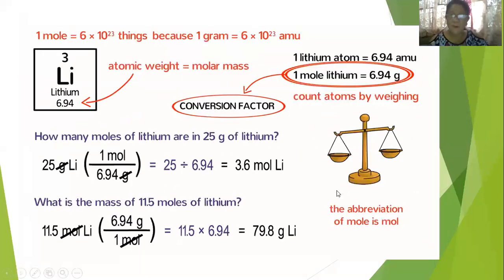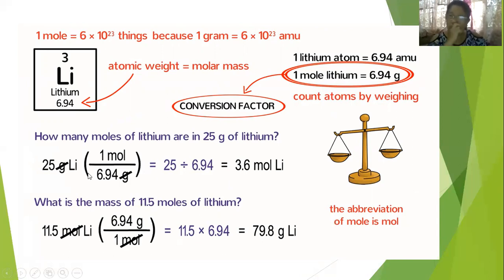Okay, therefore, we have here, for instance, how many moles of lithium are in 25 grams of lithium? As I have said, you should start with the given. Can you still remember our guide? If it is gram to mole, how are you going to solve it?